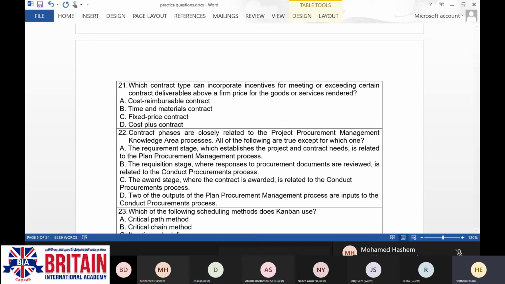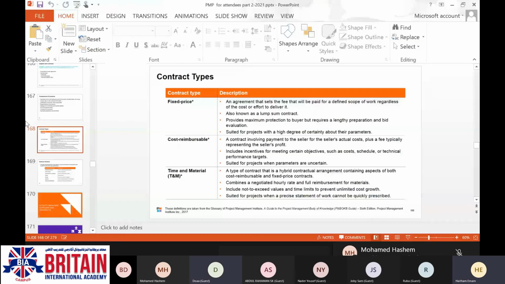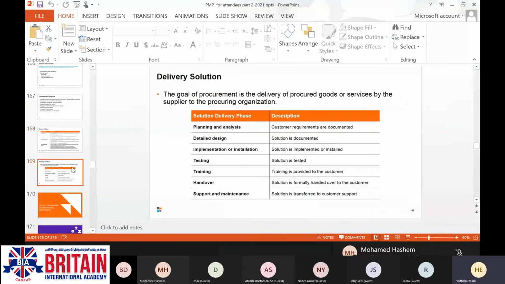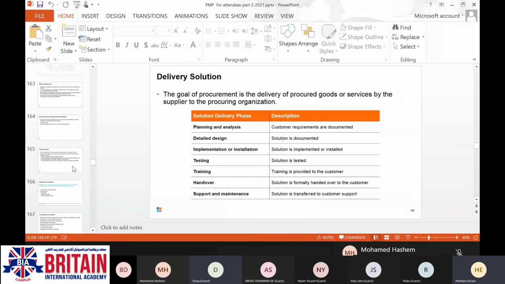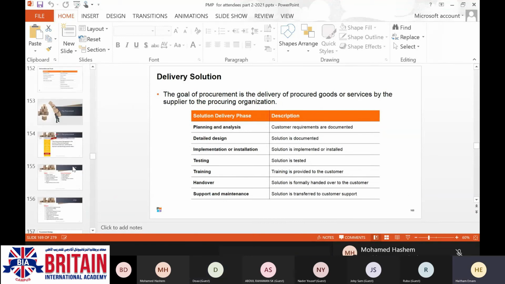Let me show you one thing. As long as we are talking about procurement, we are still in the same slide. Let me show you one thing.